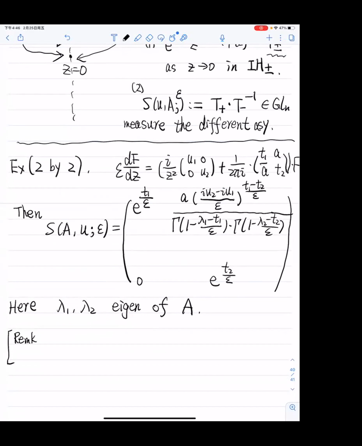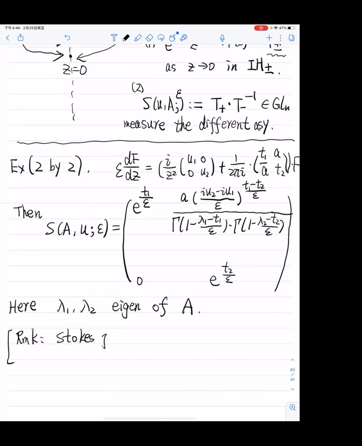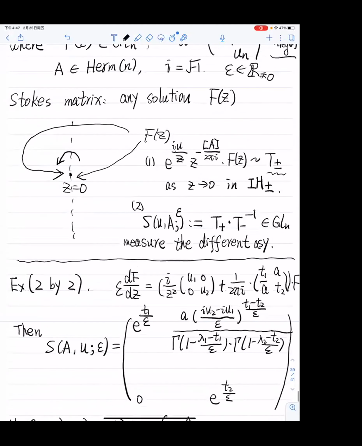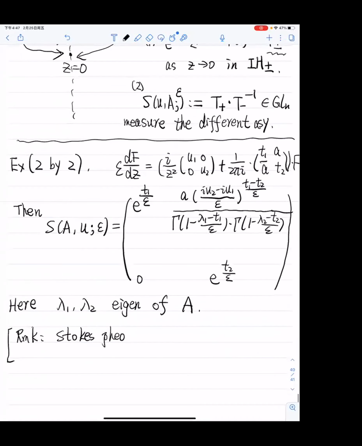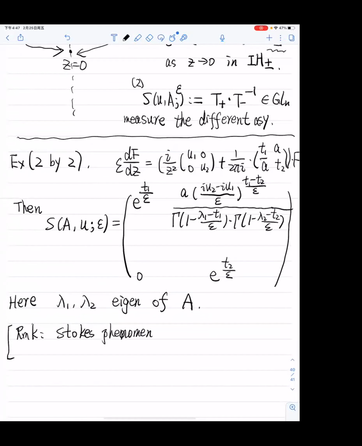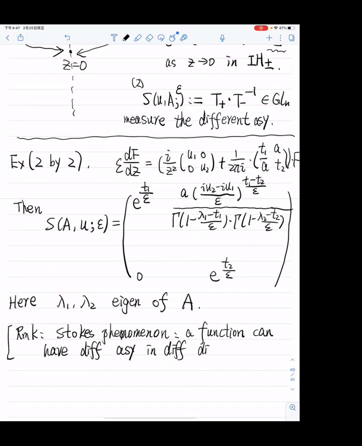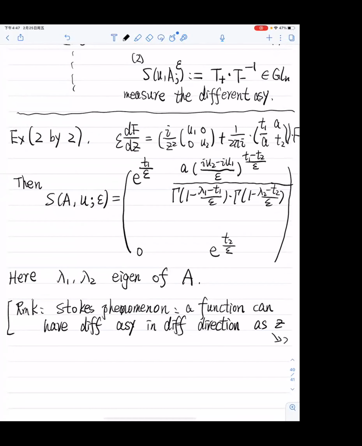What is the Stokes phenomenon? If this is your first time seeing it, if we go to Wikipedia, it says that the Stokes phenomenon, which is exactly this jump of the asymptotics of the solution F(z) in different directions, states that a function, for example on the complex plane, can have different asymptotics in different zones or different directions as z approaches some critical point of the function.